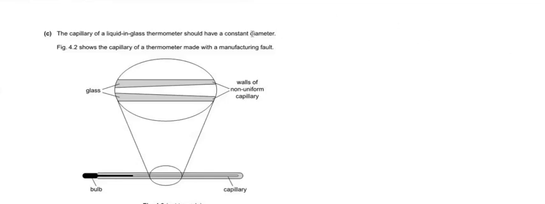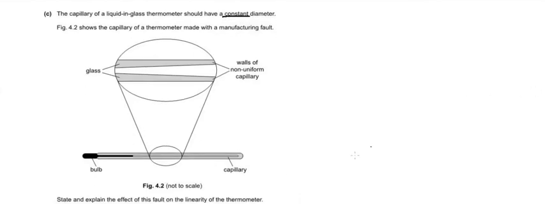So part C of the question you can read over here. The capillary of the liquid in glass thermometer should have the constant diameter. Okay. The figure 4.2 shows the capillary of the thermometer made with a manufacturing fault. So we must have the constant diameter, and you can see the structure of the capillary. This is the thermometer, and some part is zoomed in.